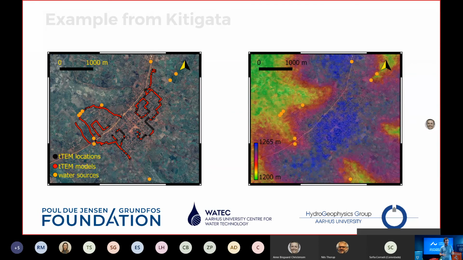In large part, I'm guessing because they have less flooding in the wet season if you live at the local highs. But one interesting thing you can get from this image already is that all of those springs, or those orange dots, they seem to pop out at around the same elevation. So there's already some indication that there may be an unconfined aquifer system that's popping out at those altitudes. To further build out this interpretation, we performed Ttem measurements in the area. If we click forward to the next slide.